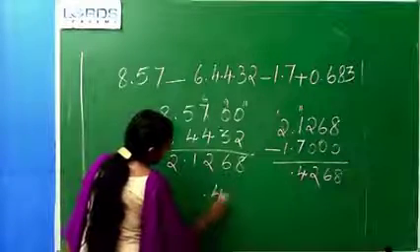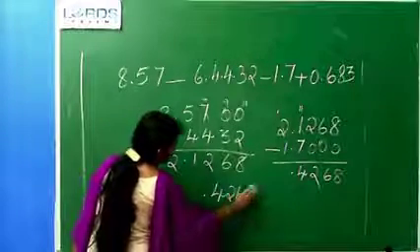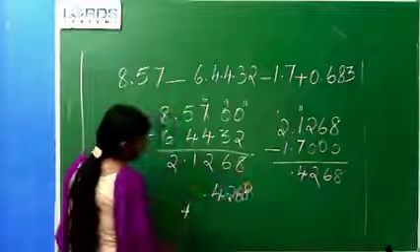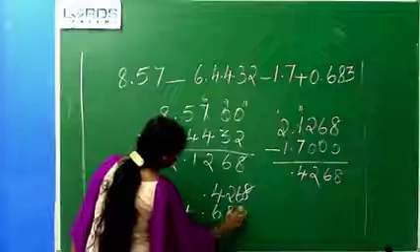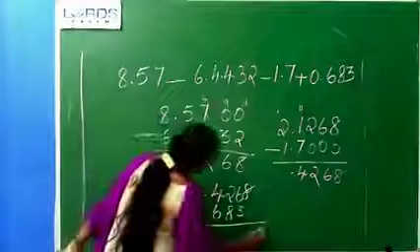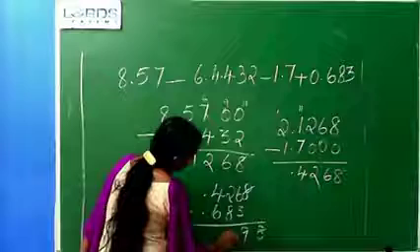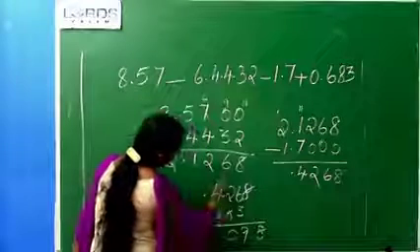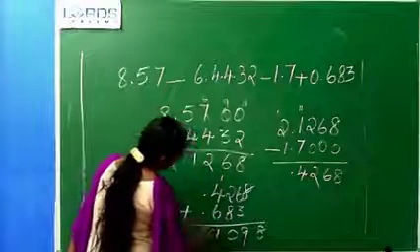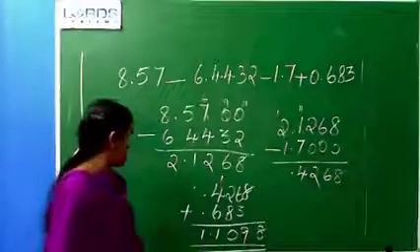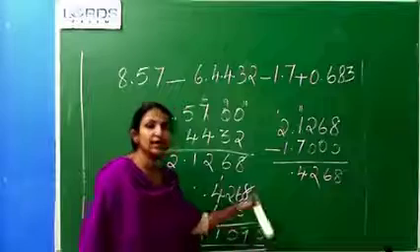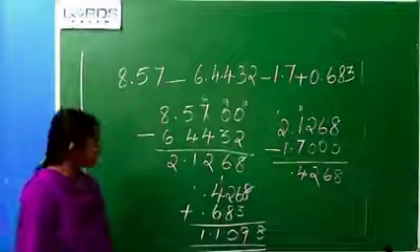So write 0.4268 plus 0.683. 8, 9, the answer is 1.1098. Okay, this is the answer.